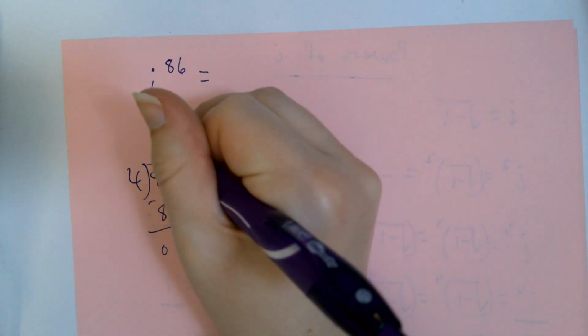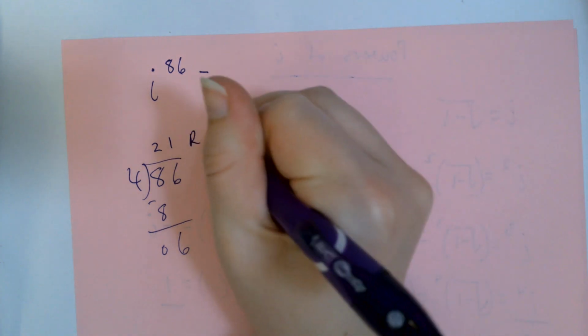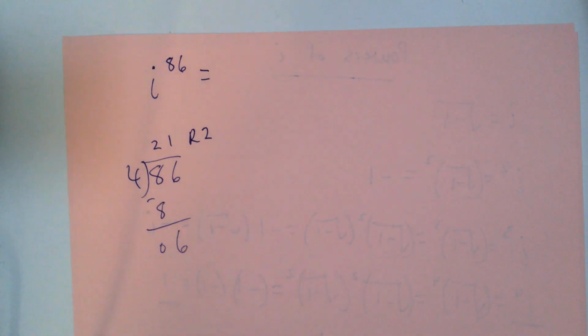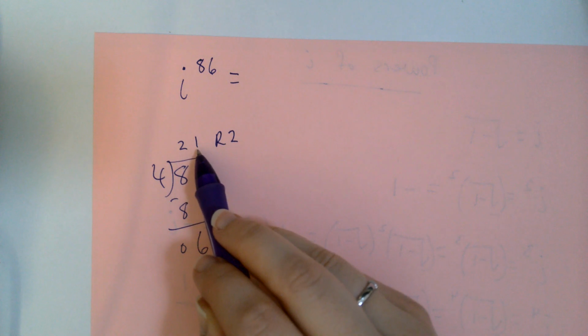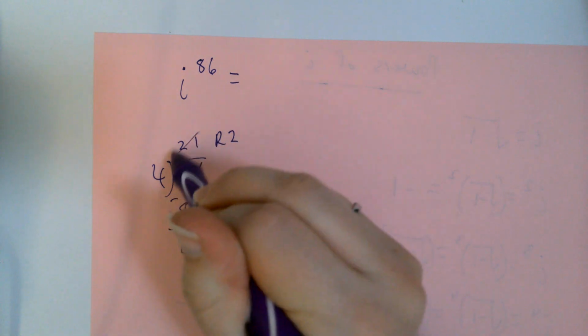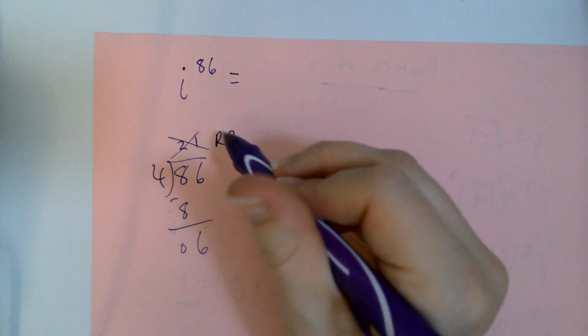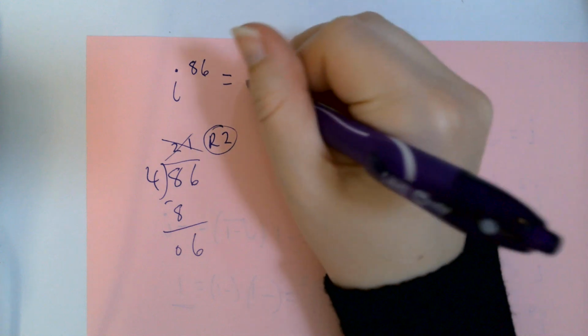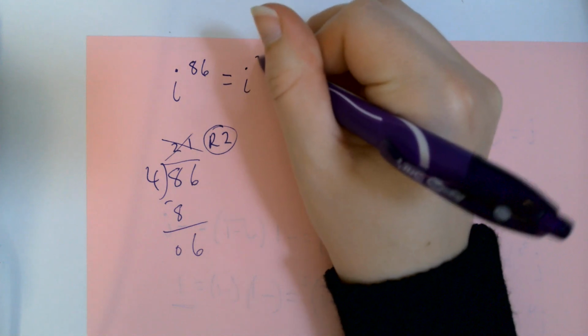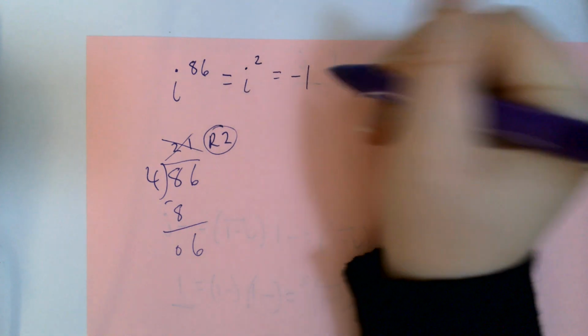And then, all right, so we're going to have 21 remainder 2 again. So remember, this just means that it's going to cycle through 21 times. We don't really care about how many times it goes through the cycle. What we really care about is what's left over after it goes through the cycle as many times as it can. So our remainder 2 means that this is i squared, which is -1.